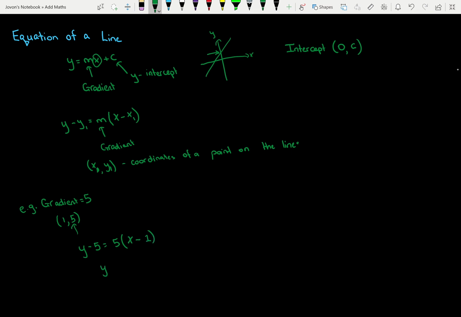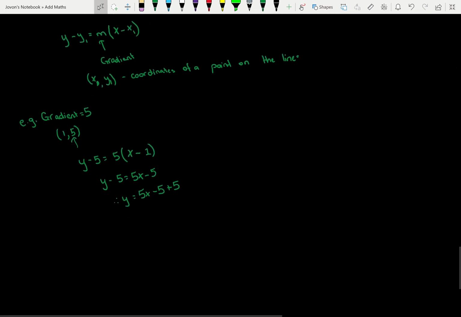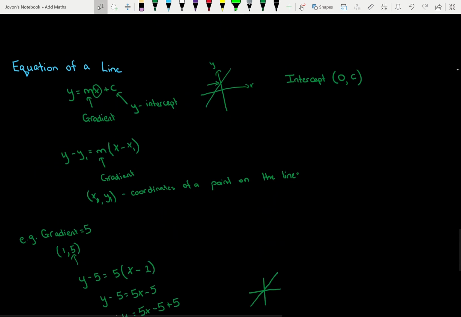So we get y minus 5 is equal to 5x minus 5. Therefore, y is equal to 5x minus 5 plus 5. When we bring this across, we get y is equal to 5x. And what this tells us is that the gradient of this line is 5 and the intercept is 0. What this means is that this line passes through the origin. So this is how you get the equation of a line.